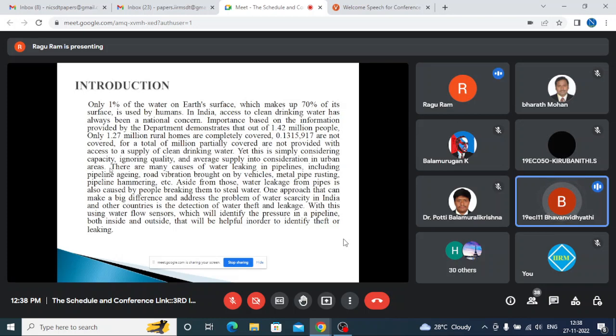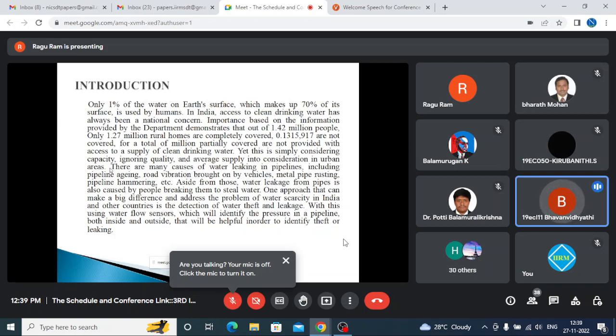Vibration brought by vehicles on the road, and water leakage from old pipes, are causes. Leakage from pipes is also caused by people breaking steel water pipes. A water flow sensor helps identify the pressure in a pipeline, both inside and outside. That will be helpful in identifying theft and leakage.